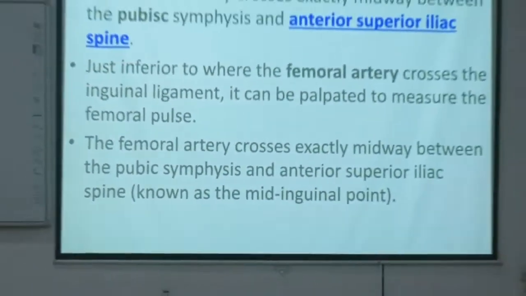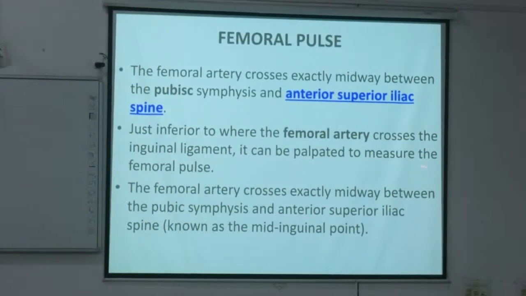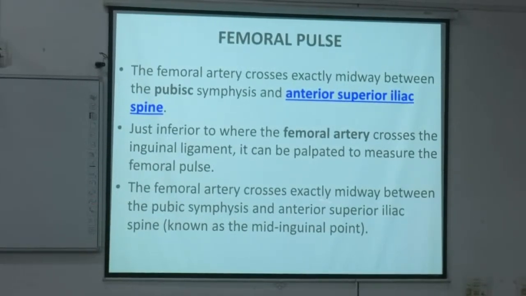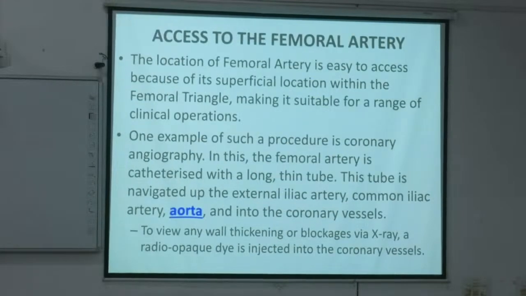Femoral artery crosses midway between the pubic symphysis and anterior superior iliac spine. Just inferior to where the femoral artery crosses the inguinal ligament, it can be palpated to measure the femoral pulse. That position is known as mid-inguinal point.